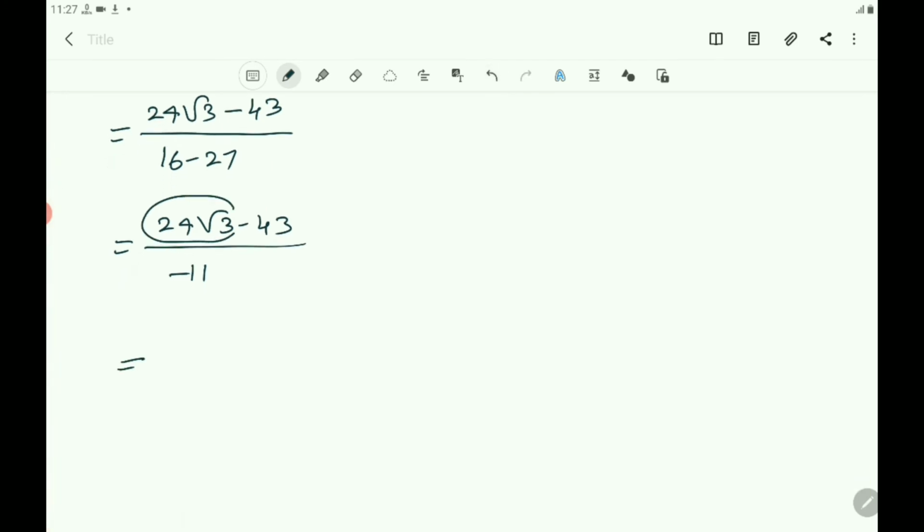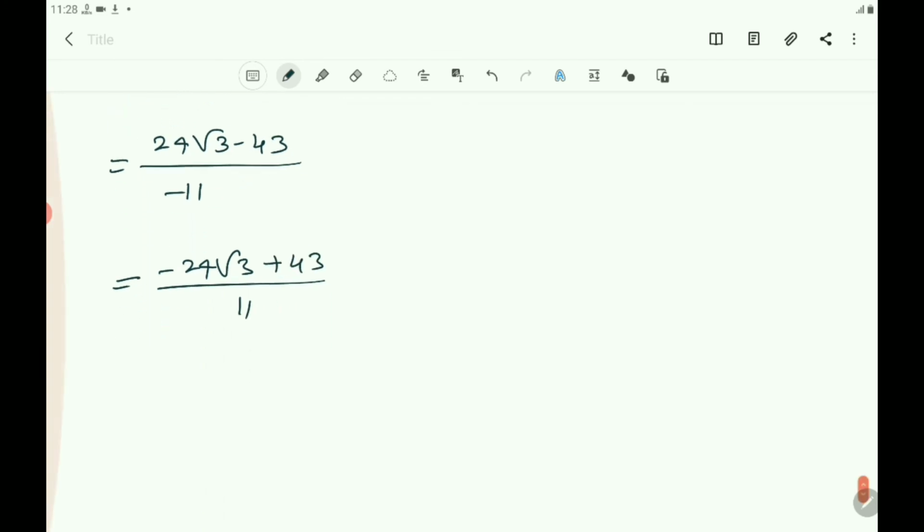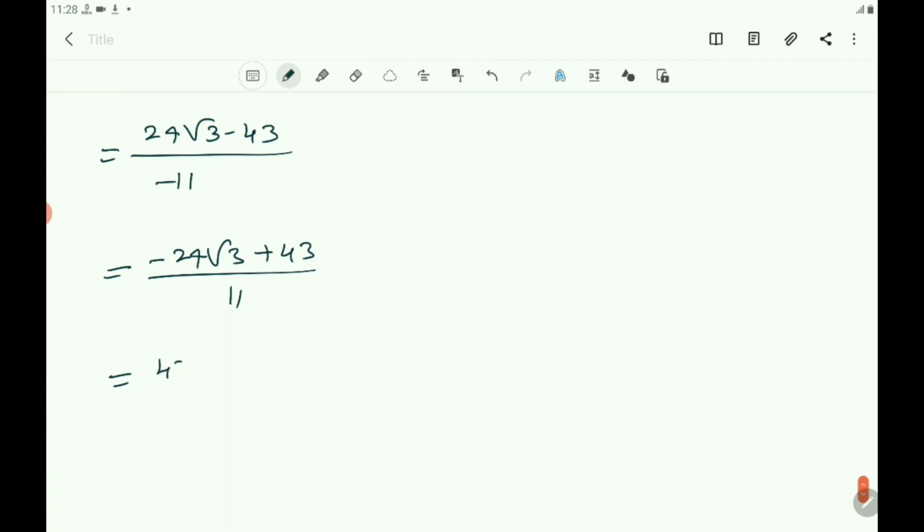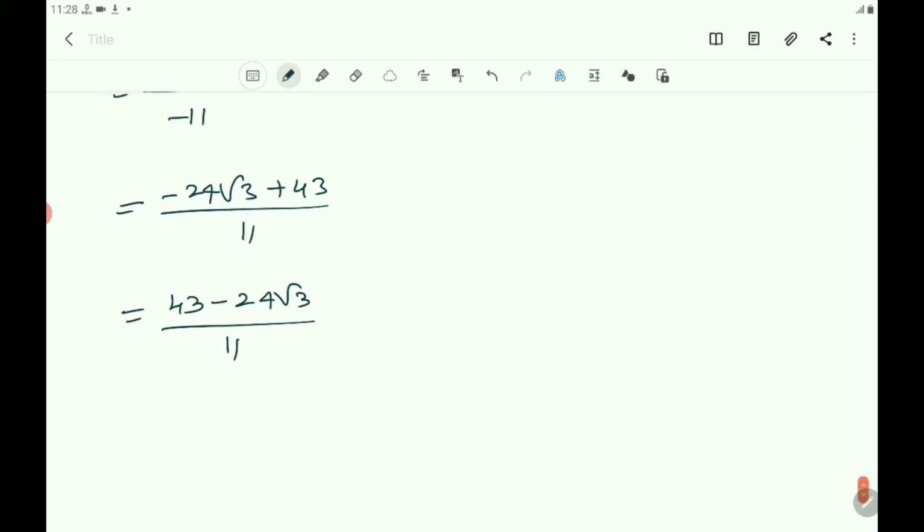So 24 root 3 becomes minus 24 root 3 and plus 43, divided by 11. You write the 43 as the first term, minus 24 root 3, whole divided by 11.